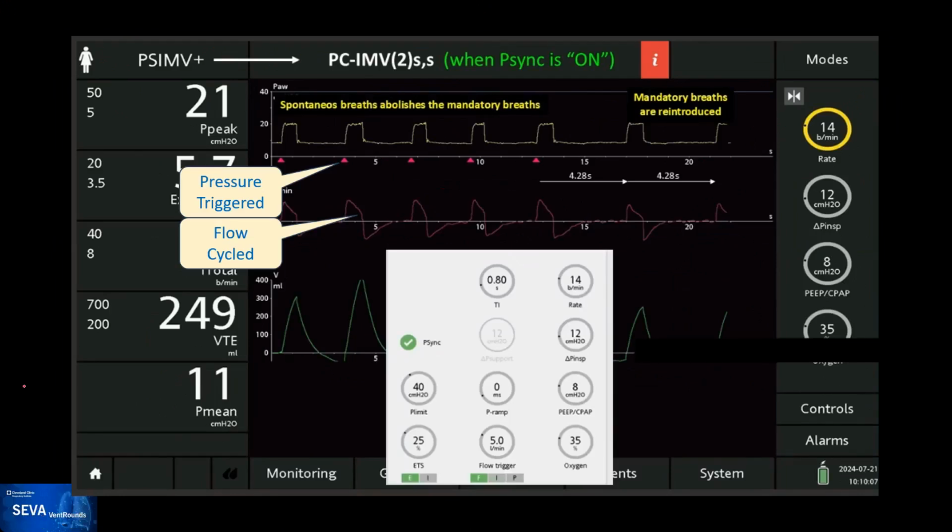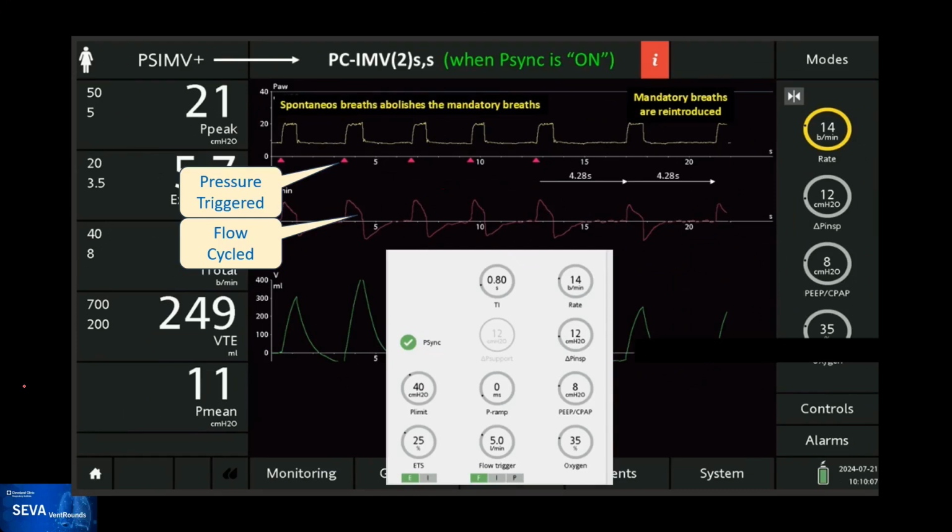So this final slide is a representation of how the addition of pressure support turns IMV type 1 into IMV type 2. Here I'm playing on the simulator and I'm activating the pressure supports. You can see all the ones with the triangle, they are pressure supported breaths. And suddenly I stop triggering and you can see how the mandatory breaths are reintroduced to serve the goal of safety.